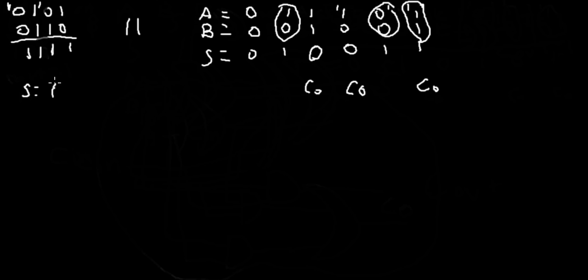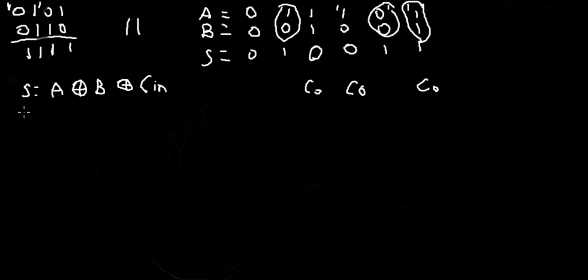So A XOR, which is this symbol, you might not have seen this before, B XOR our carry in bit, which we'll call Cn. The sum will be 1 when this condition is true.